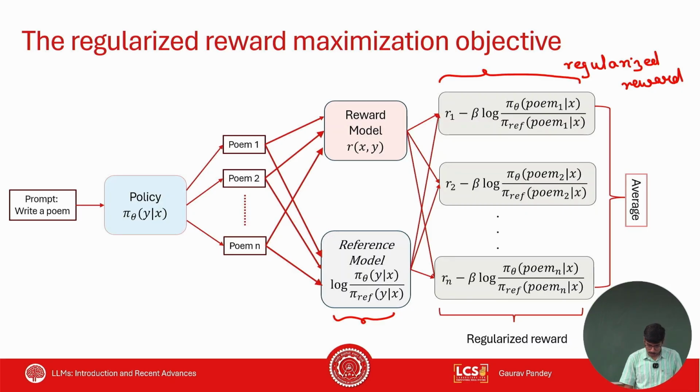Also, let's say this sampling process was differentiable, and this reward model, everything was differentiable. The reward model is generally a language model, so this is often differentiable. If this sampling process was differentiable, then I could, in principle, do a forward pass, compute this average, and do the backward pass.